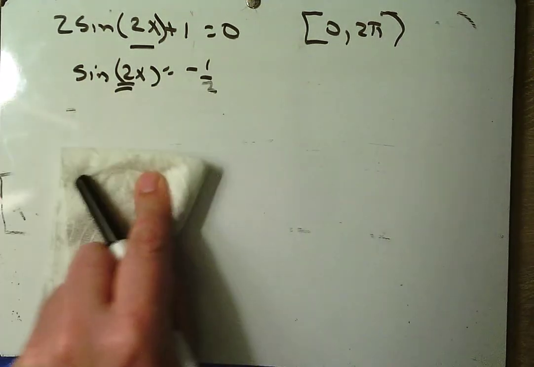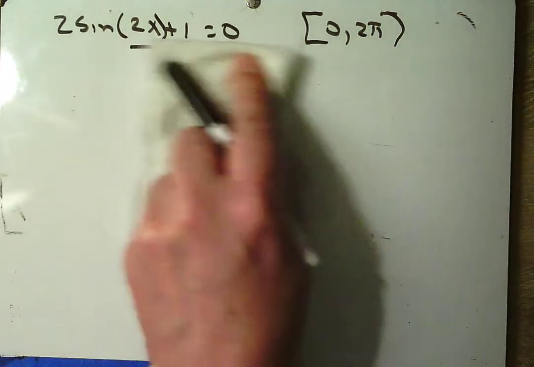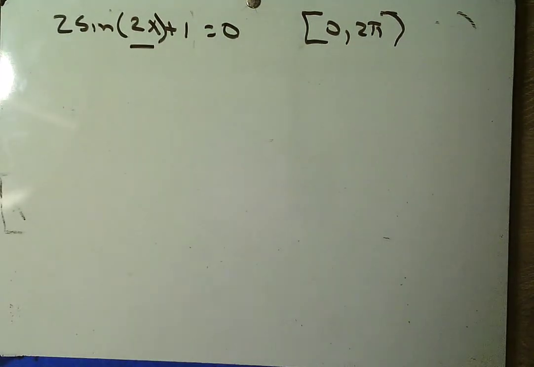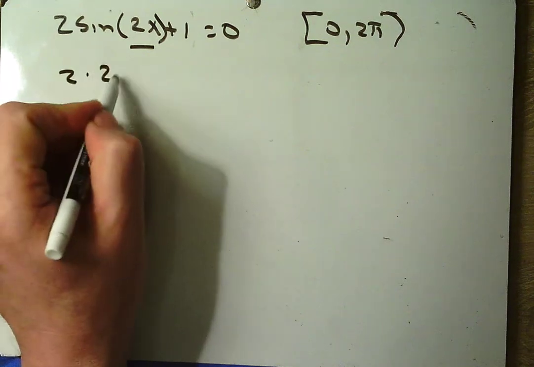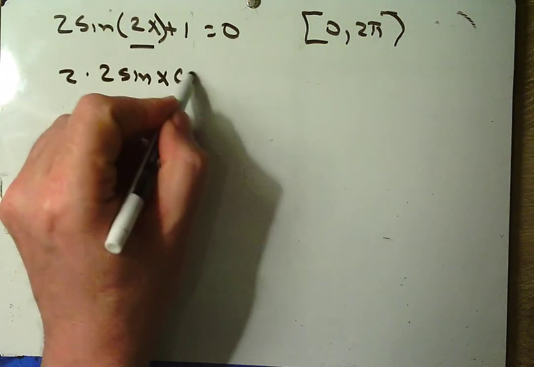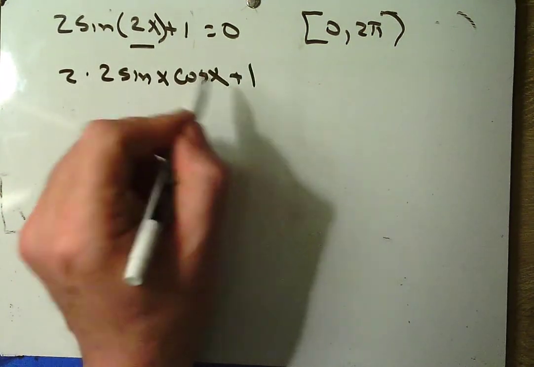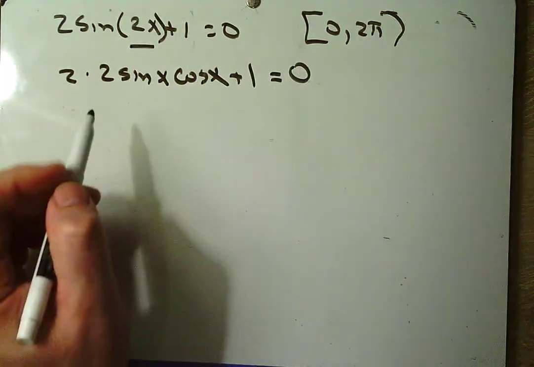But what happens if we had tried to use the double angle formula? Well, let's see. So I get 2 times 2 sine x cosine x plus 1 equals 0.